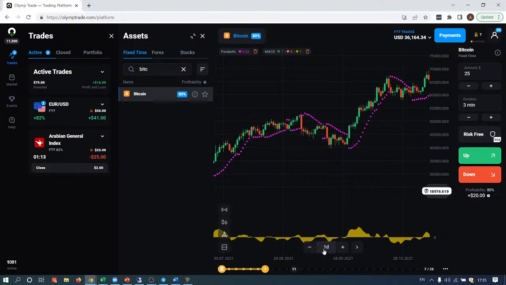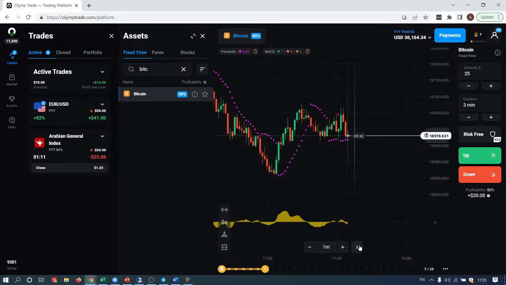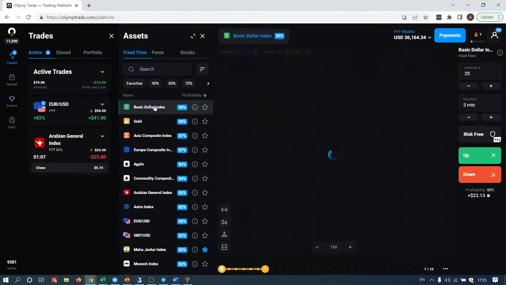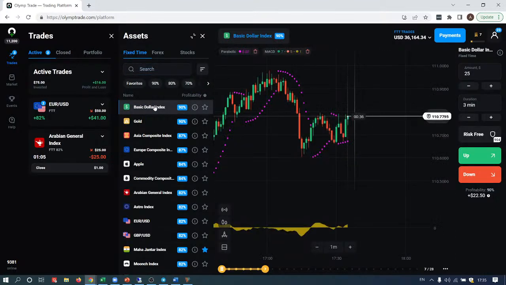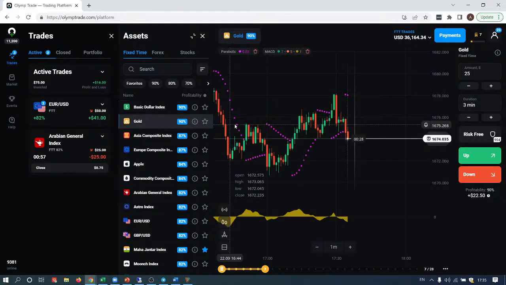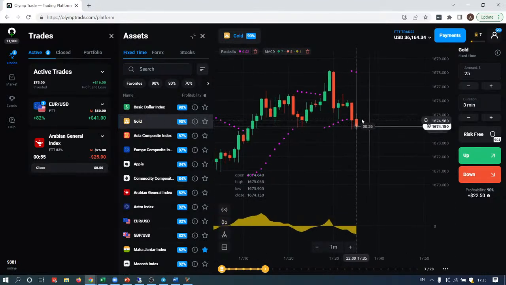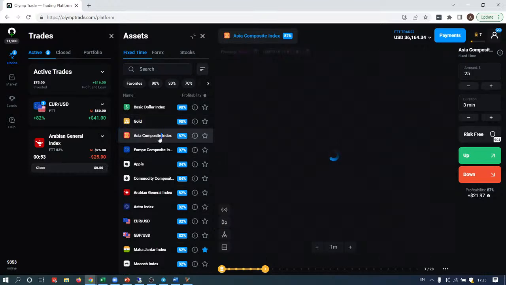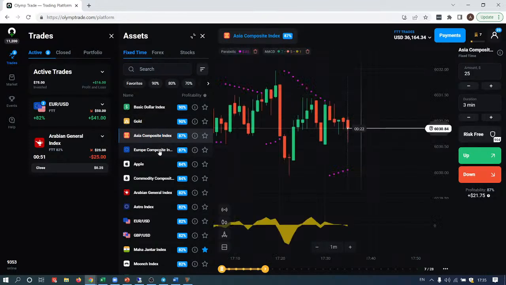It also does work with 1 minute time frame, because otherwise I wouldn't be using these strategies. And of course, other traders can prove me correct that it does work on 1 minute or 5 minute time frame, but of course it doesn't work as efficiently.